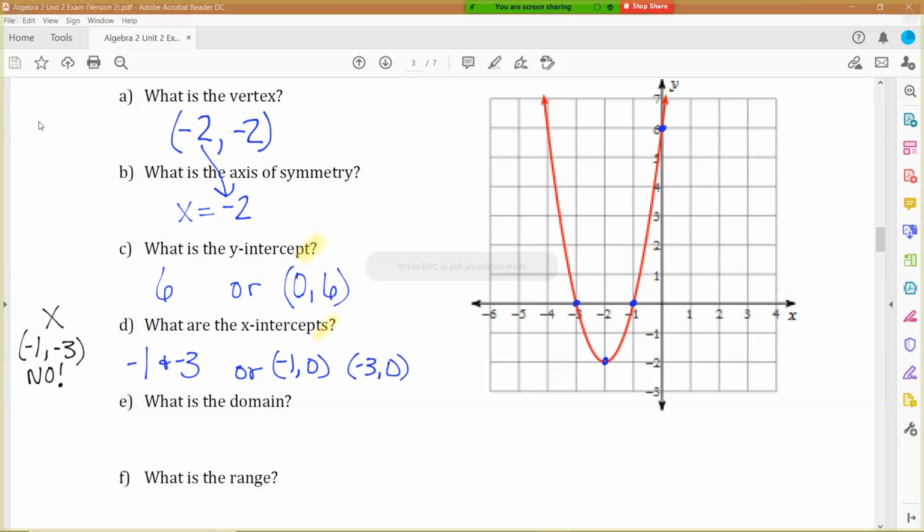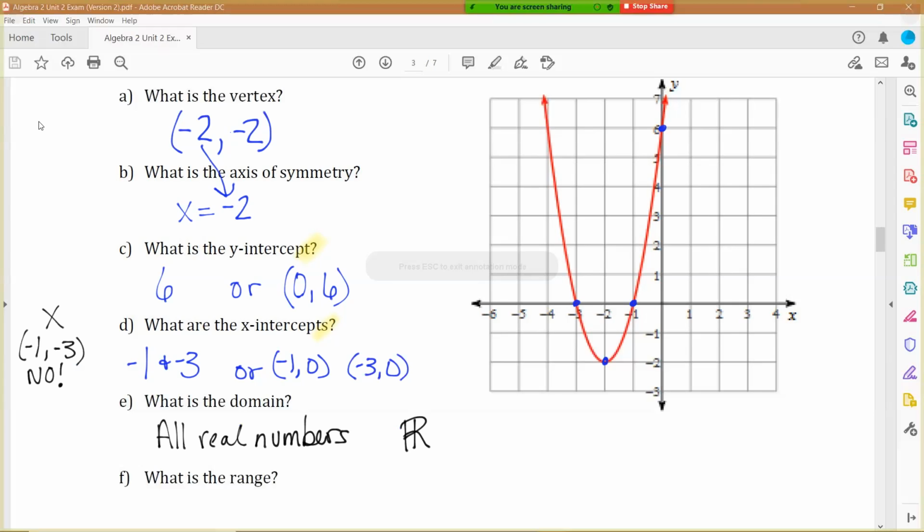Letter E, what is the domain? I promise you, question number 8, letter E on your test is going to ask you what the domain is, and it's all real numbers. Or you could use the symbol for all real numbers, capital R with an extra line through it.